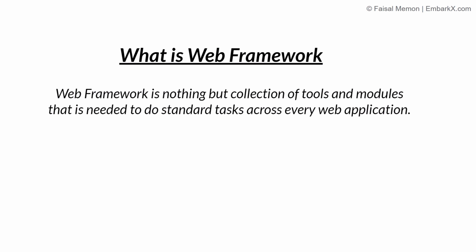If you want a window 3 feet wide, you have a list of windows, like 3 feet wide, 4 feet wide, 6 feet wide. You could just pick the 3 feet wide window and use it in the house. That makes your life much simpler rather than building things every time from scratch. So that is what a web framework is.